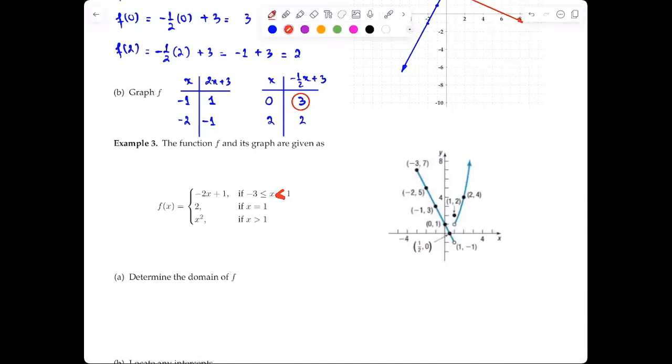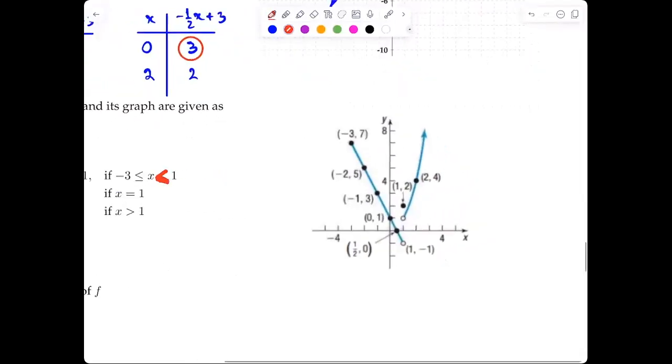All right. Now, what is the domain of the function? You saw something like this before. We did the test already. What is the domain? Okay, that's a good one.